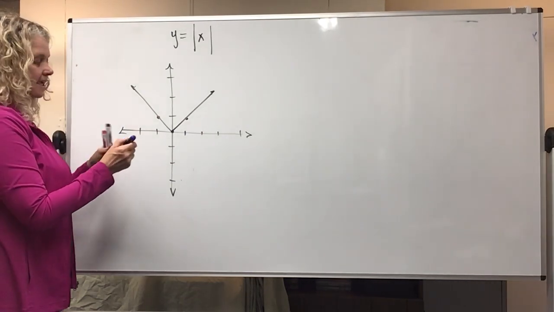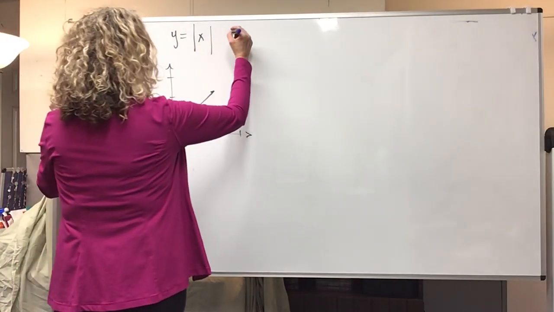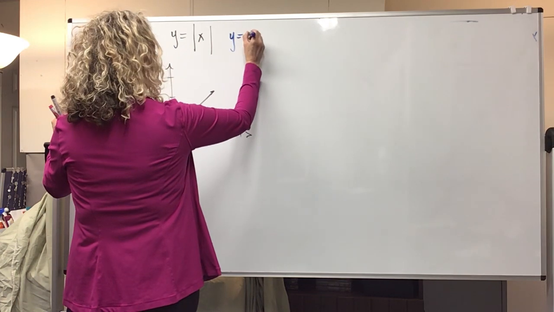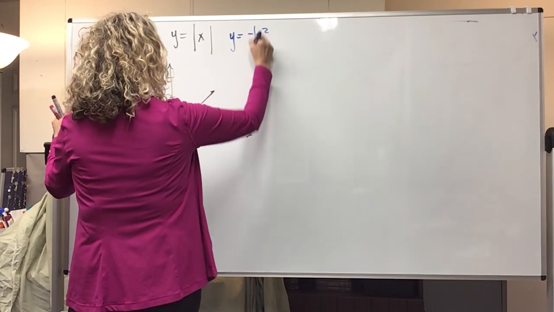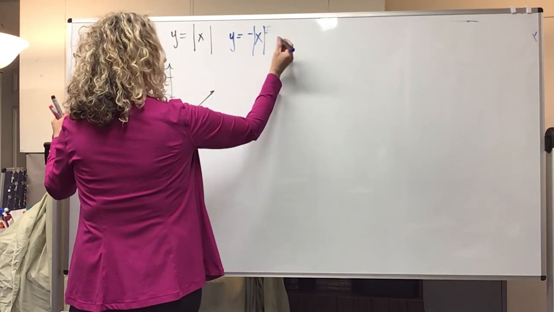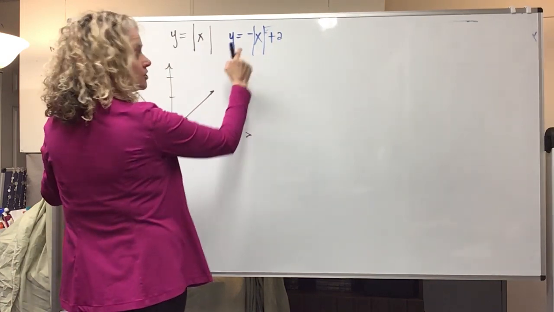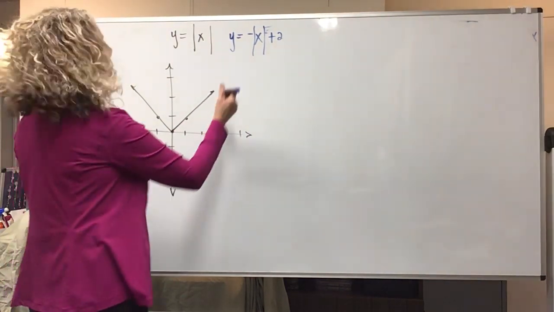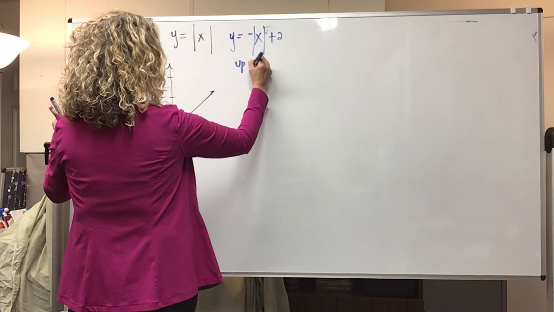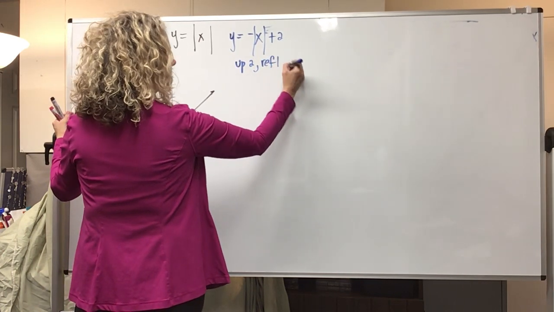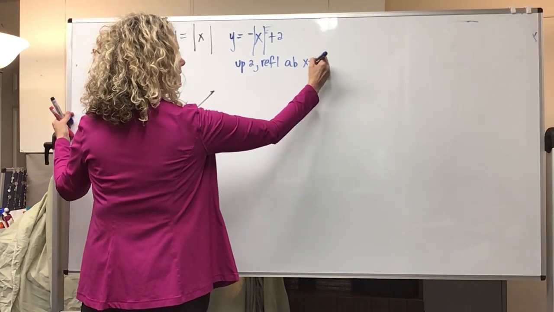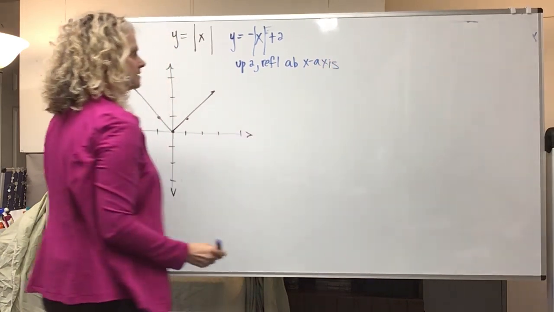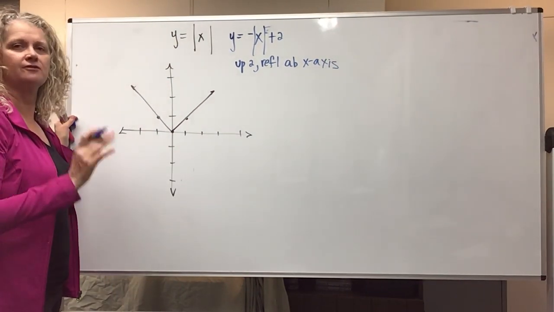So if I gave you a translation, why don't we do y equals negative |x| plus 2. If I were asked to describe the translation, it would be up 2 and a reflection about the x-axis. And it's always helpful to do the reflection first.